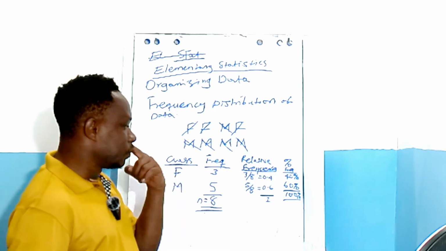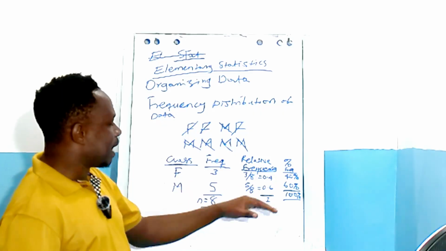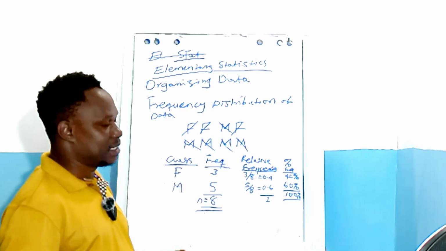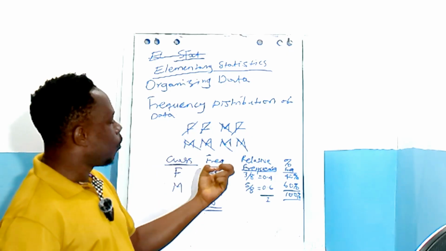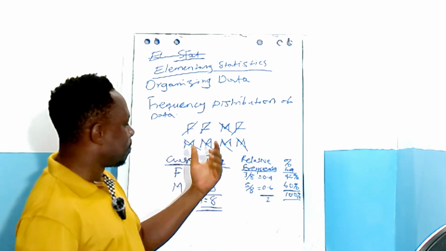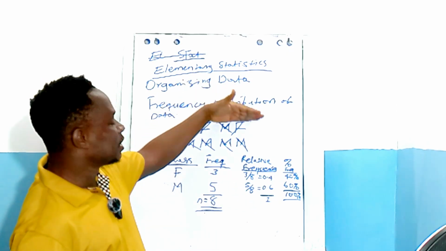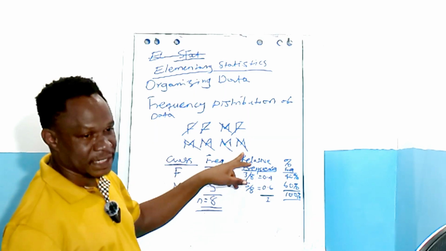Another thing we can do with this organized data is organize it into a graph. One major graph used for summarizing categorical data is the bar chart.